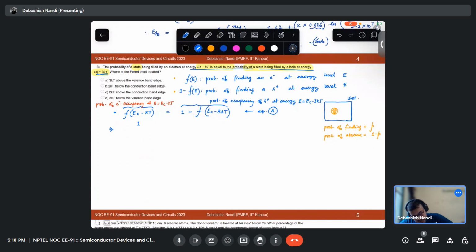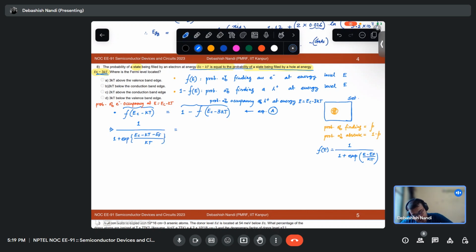So what you will do? You know that f of E is 1 by 1 plus exponential of E minus EF over KT, right? So in place of E, what is your energy level now? It is EC minus KT. So EC minus KT minus EF over KT, and it is inside the power of the exponential.